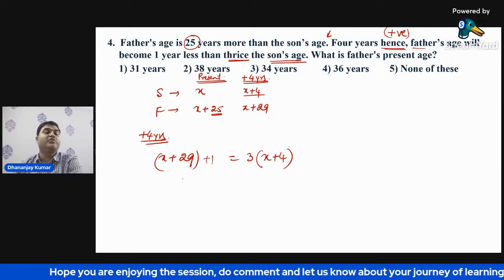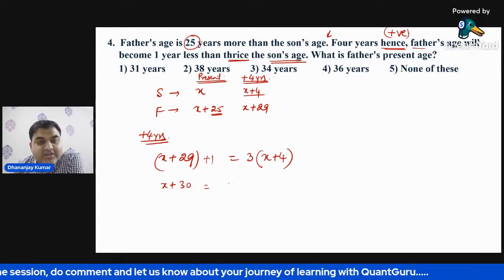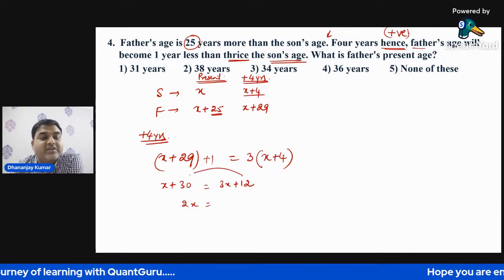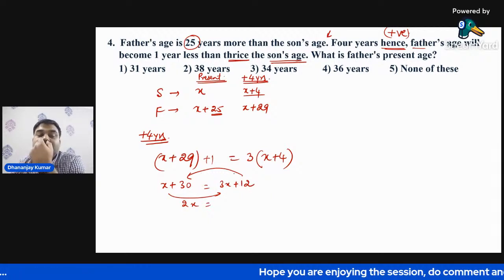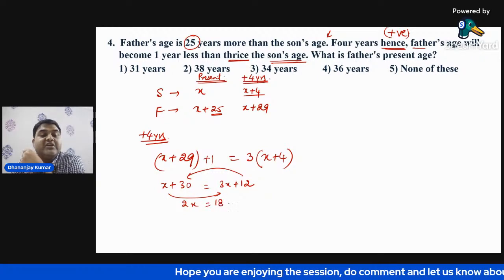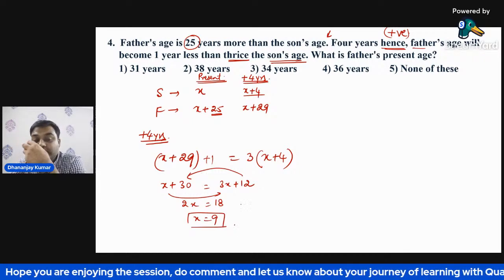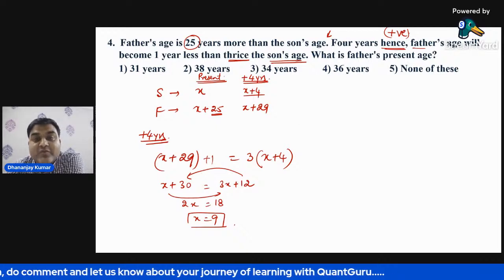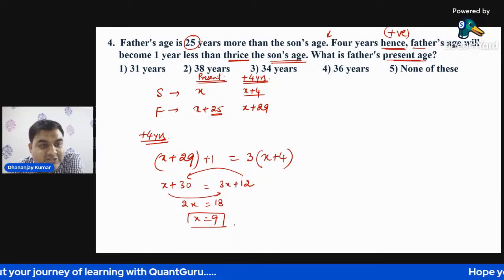Okay, just look at that. So it becomes x plus 30 is equal to 3x plus 12, and we get 2x is equal to 30 minus 12, right? 30 goes this side, 12 goes this side, x comes this side. So 2x, and this minus this is going to be 18. That means x is going to be 9. Hope I'm right. Yes. What they're asking: what is father's present age?